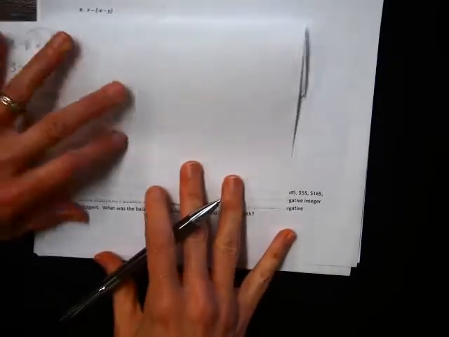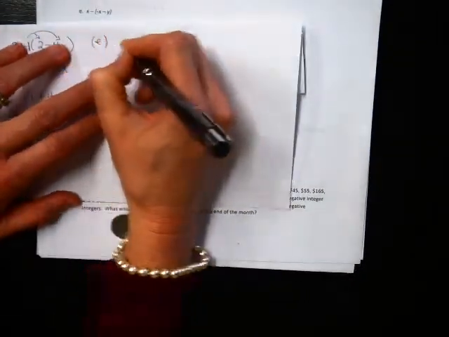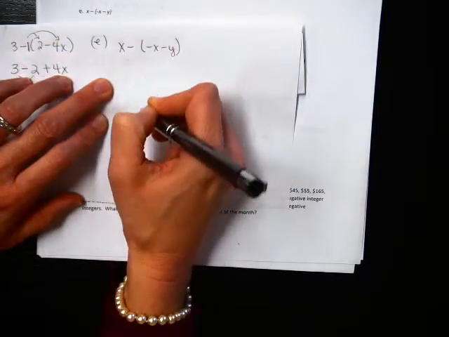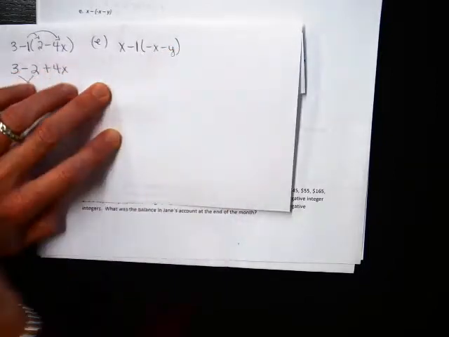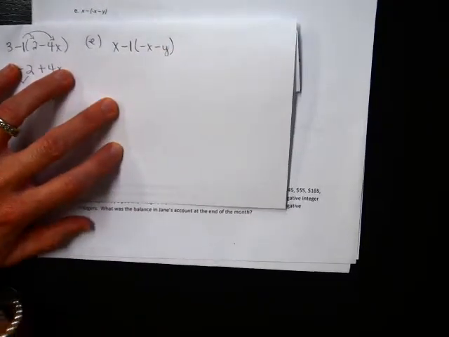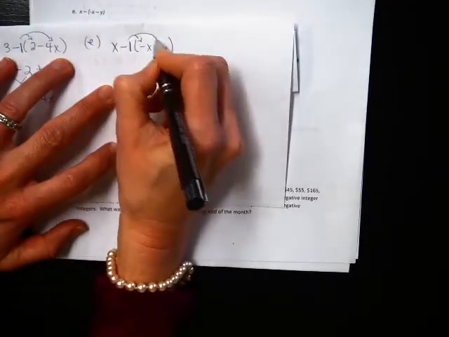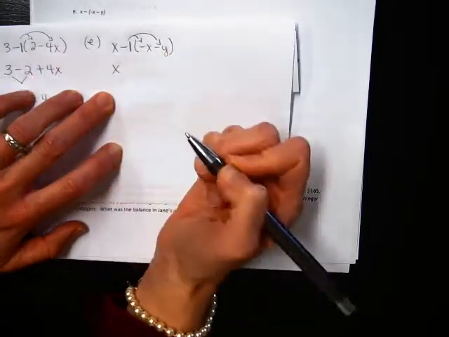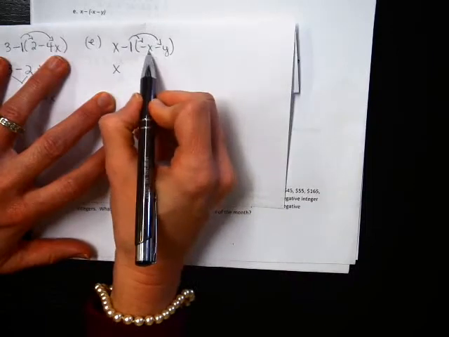Okay, and finally E, I have x minus parentheses negative x minus y. And so there's a negative 1 understood to be in front of that parentheses. So I'm going to distribute that negative 1 times both of these terms. So I bring down this x in the front. Negative 1 times negative x.